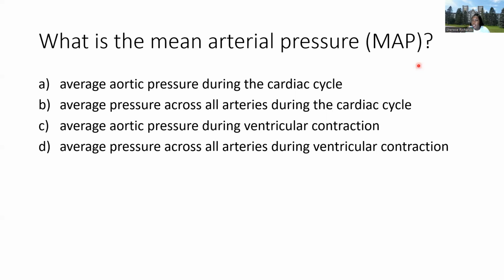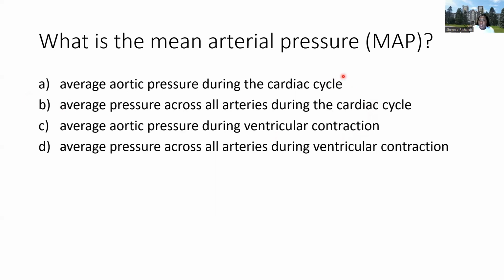So what is the mean arterial pressure, or the MAP? Looks like most of you went with B. B is average pressure across all arteries during the cardiac cycle. B is not correct because it's not across all the arteries. Some folks did pick A, average aortic pressure during the cardiac cycle.